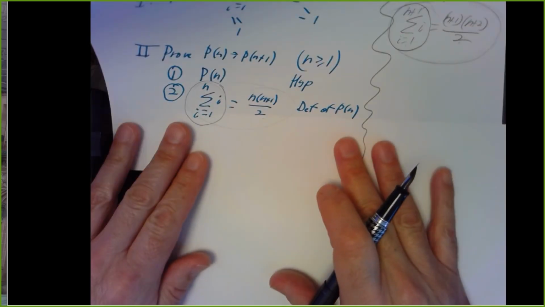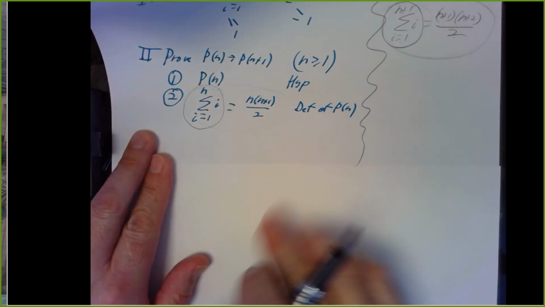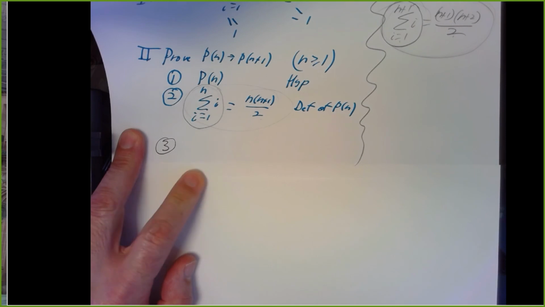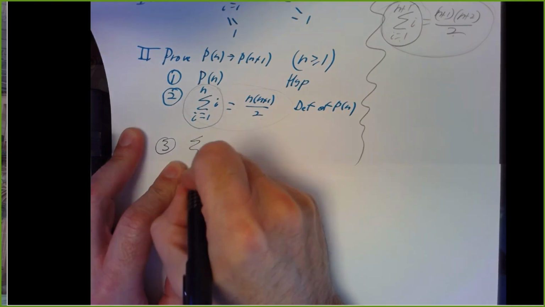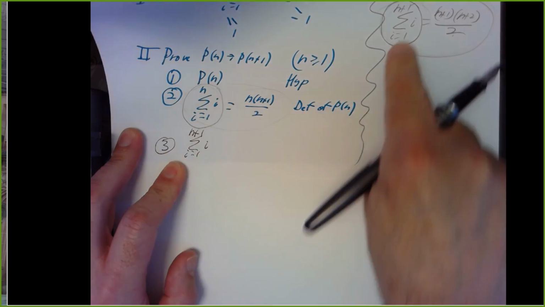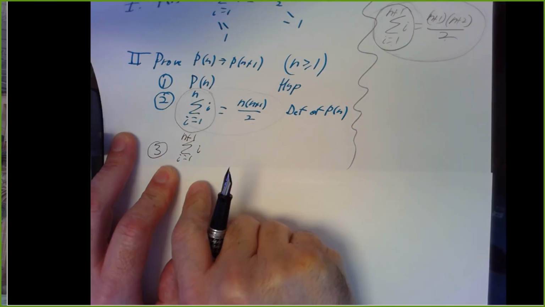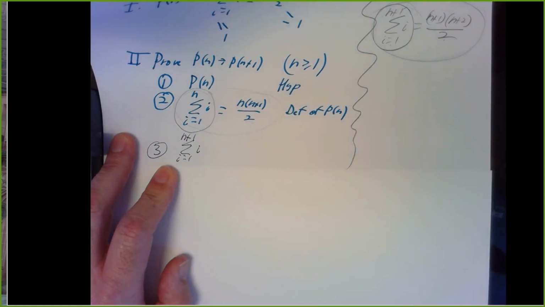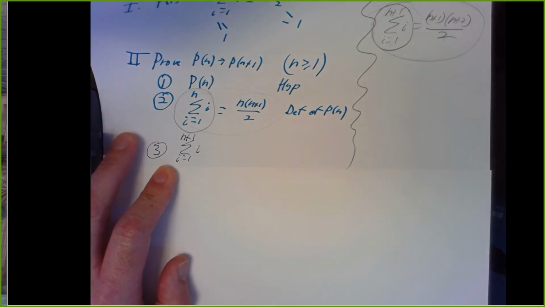So I'm going to do the following. I'm going to say step 3, and we're going to do a bunch of algebra here. I'm going to say the sum from i equals 1 to n plus 1 of i, because that's what I'm after, right? And I can't say it's equal to that. Bad proof. But I can do anything that's provably true.